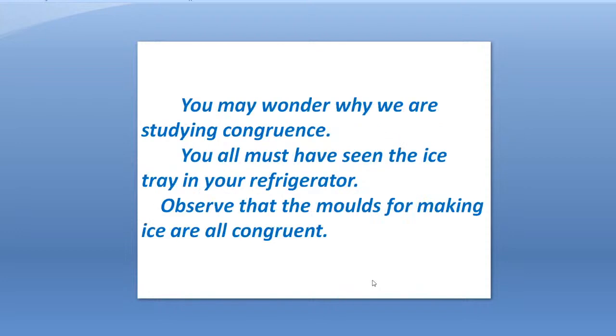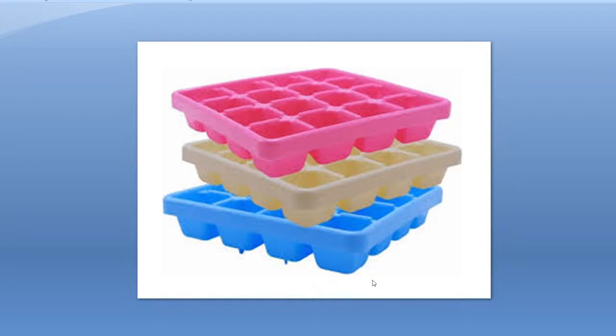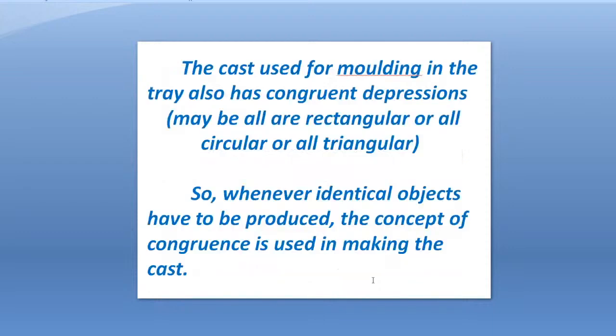You may wonder why we are studying congruence. You all must have seen the ice tray in your refrigerator. Observe that the molds for making ice are congruent. See here. So, the cast used for molding in the tray also has congruent depressions.